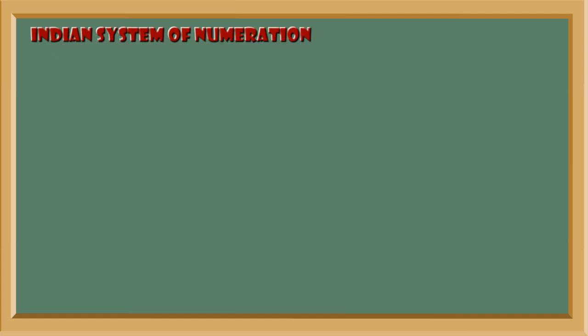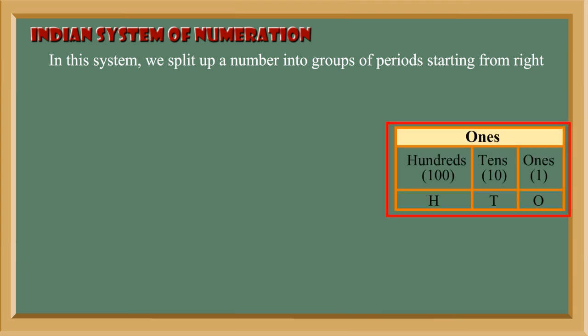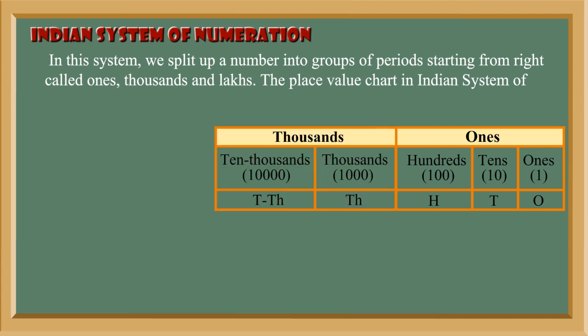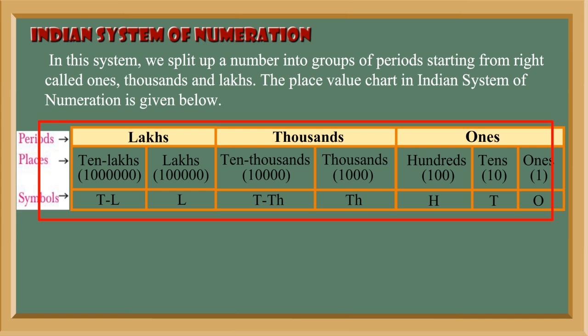Indian system of numeration. In this system, we split up a number into groups of periods starting from the right called ones, thousands and lakhs. The place value chart in the Indian system of numeration is given below.